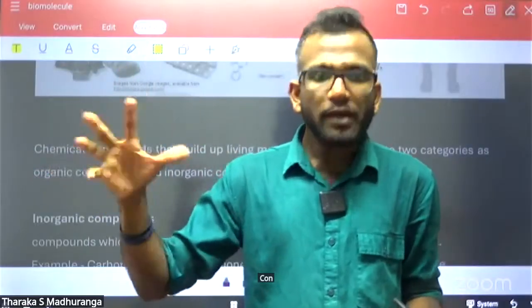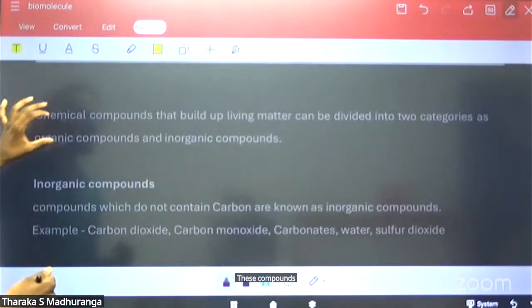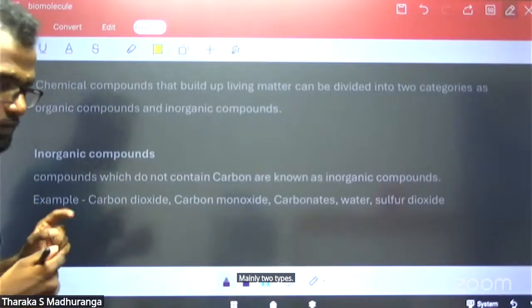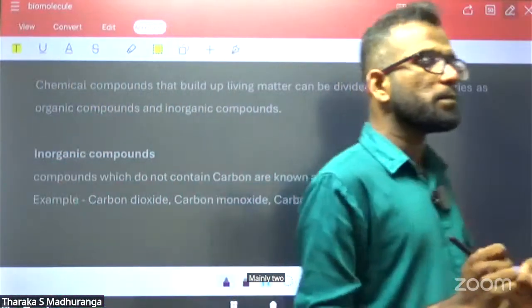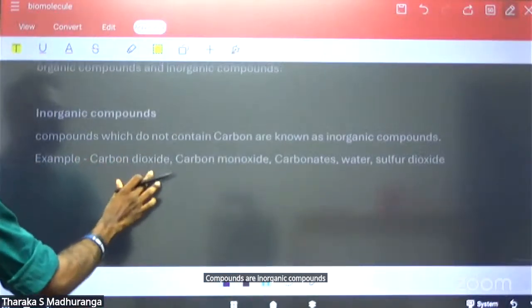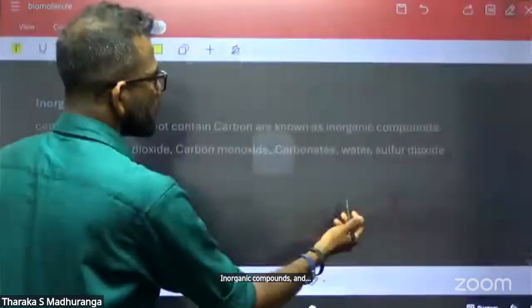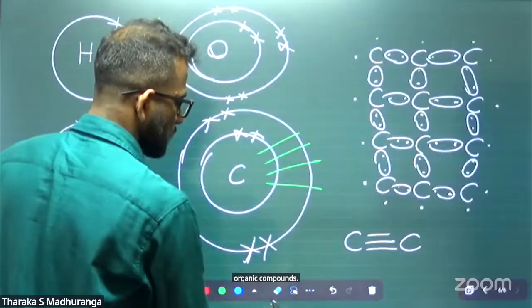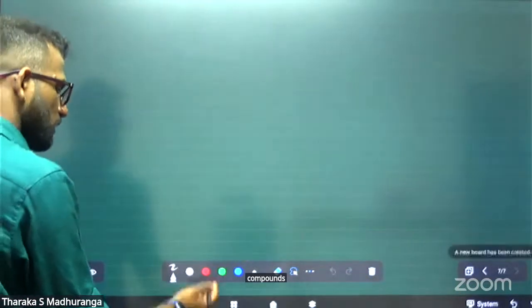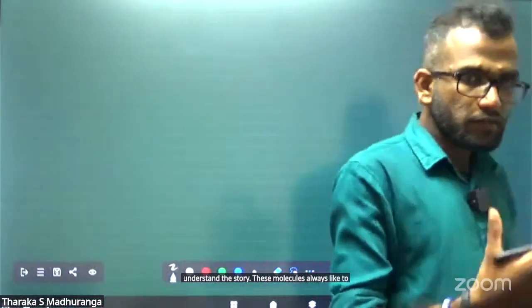convert into compounds. These compounds are mainly two types: inorganic compounds and organic compounds. Understand the story: these molecules always like to be in a stable stage.